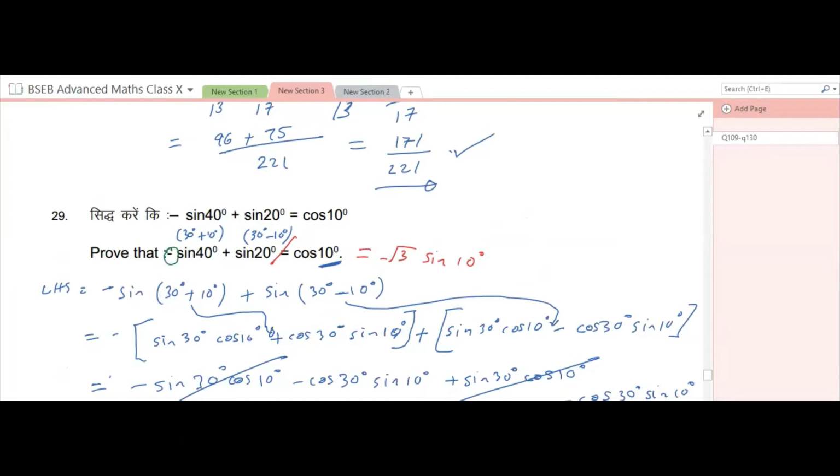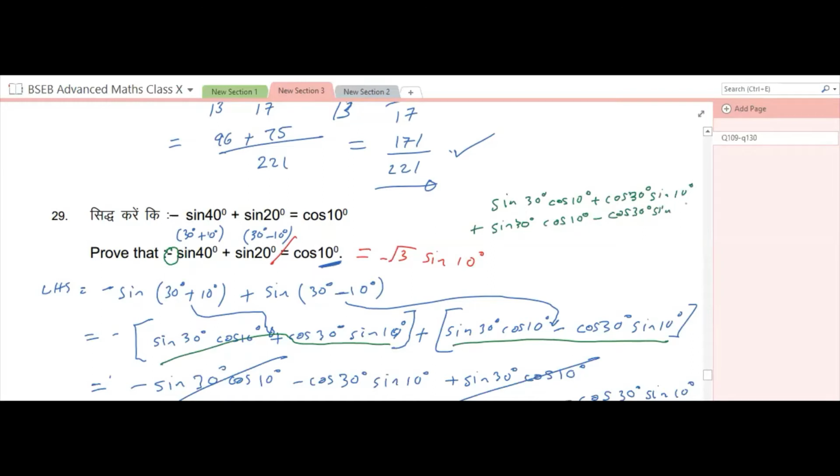So if you omit the negative and write it as sine 40, which is sine 30 plus, and just deal with these things here: sine 30 cos 10 plus cos 30 sine 10 degrees, plus sine 30 cos 10 minus cos 30 sine 10 degrees.